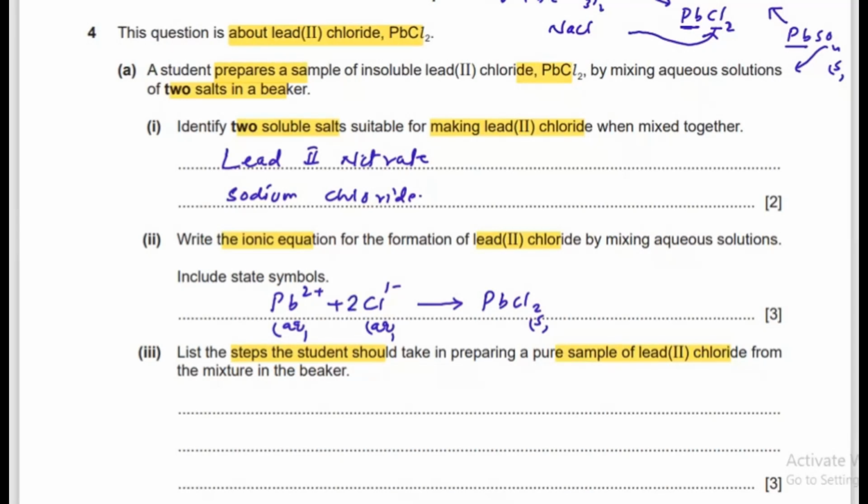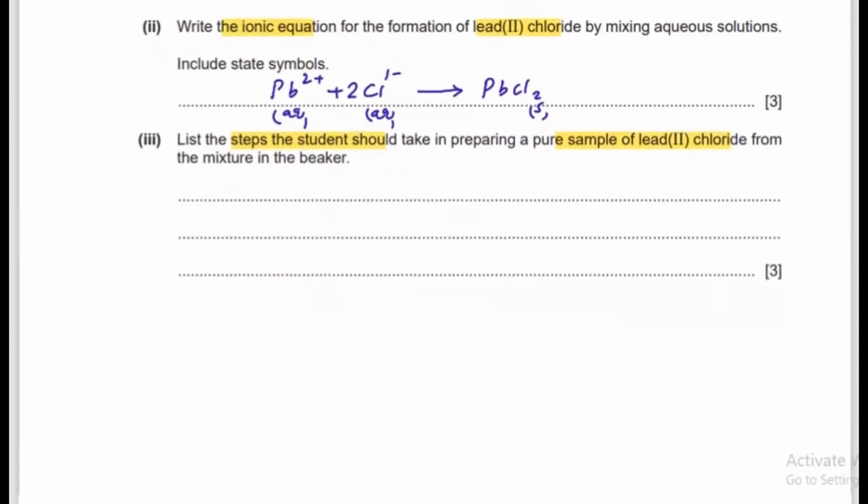List the steps the student should take in preparing a pure sample of lead 2 chloride from the mixture in the beaker. If we have prepared the lead 2 chloride, how can we get a pure sample? Lead 2 chloride is an insoluble salt, so the first point is to filter the mixture.